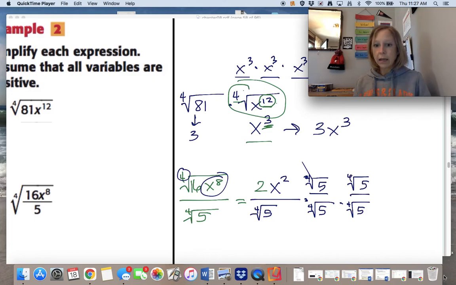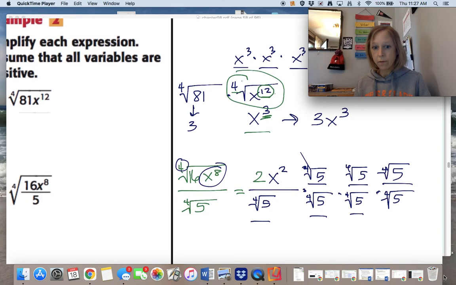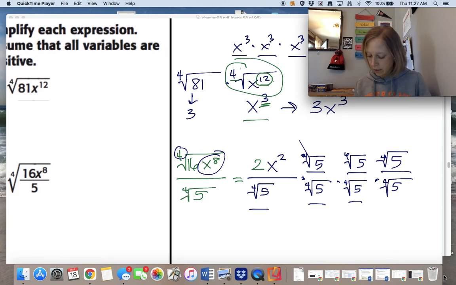So right now I can see in my denominator 1, 2, 3. I need to multiply it by 1 more. And now I have 4 fourth roots of 5. So that is now equal to 5. So my denominator is now 5.